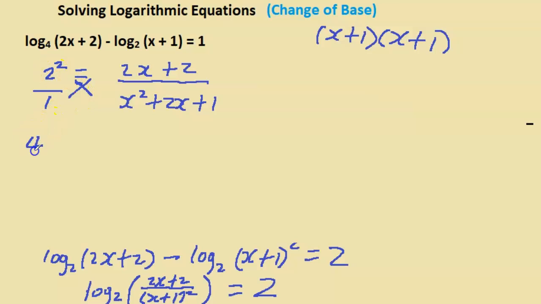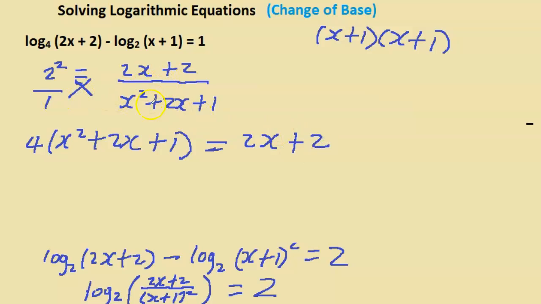So it's 4 times x squared plus 2x plus 1. We multiply both sides by x squared plus 2x plus 1, and then we'll just have 1 times 2x plus 2. Let's expand.